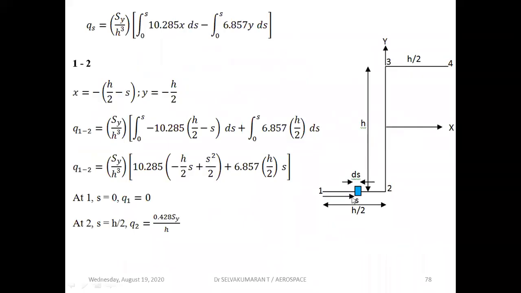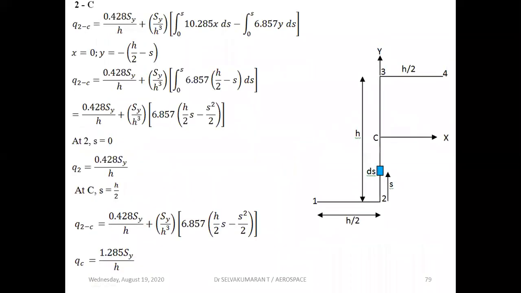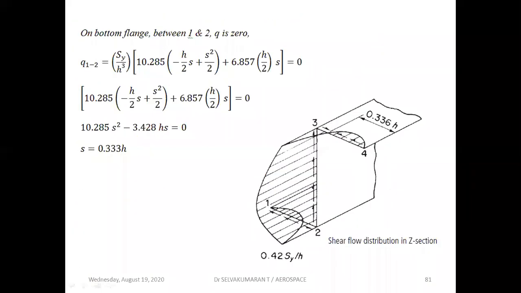If the shear flow value is positive, the shear flow will follow the same direction as S. If the shear flow value is negative, the shear flow direction will be opposite to the direction of S. Now here, this is the opposite direction of S, so this is my shear flow direction because it is negative. I'm taking it just a little bit inside, then making a 0 point. Then I'm taking a positive value at 2. See, this arrow mark is in the same direction as S. Just complete the plot like this.